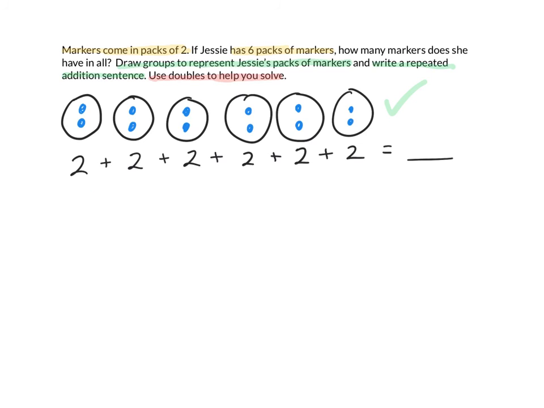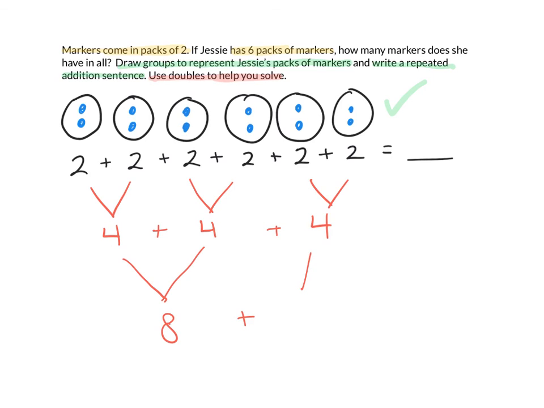And I immediately know 2 plus 2 is 4 plus another 4 plus another 4. Okay, then maybe I can simplify this even more. I know 4 plus 4, and I'm going to put my plus signs, equals 8 plus my last 4.